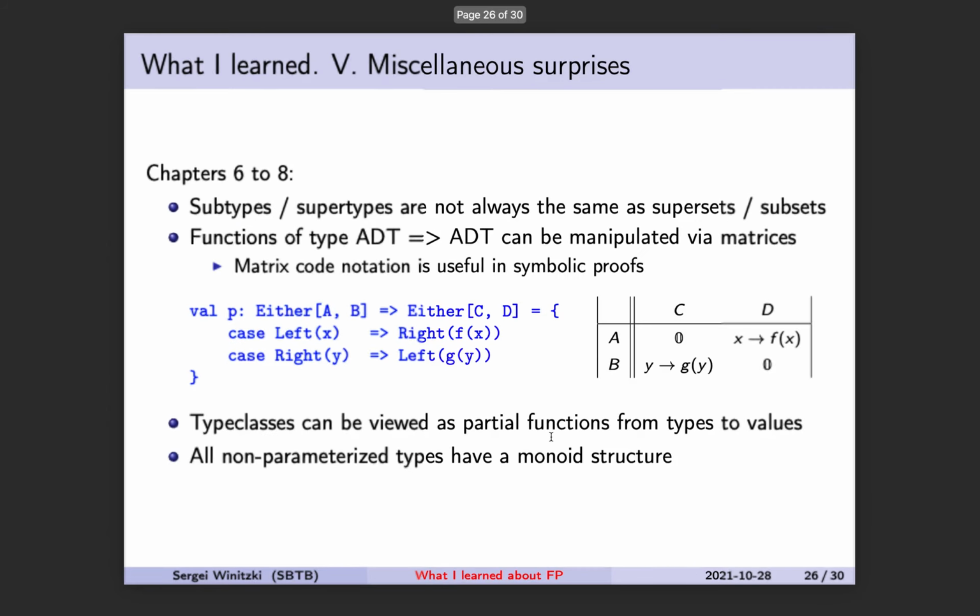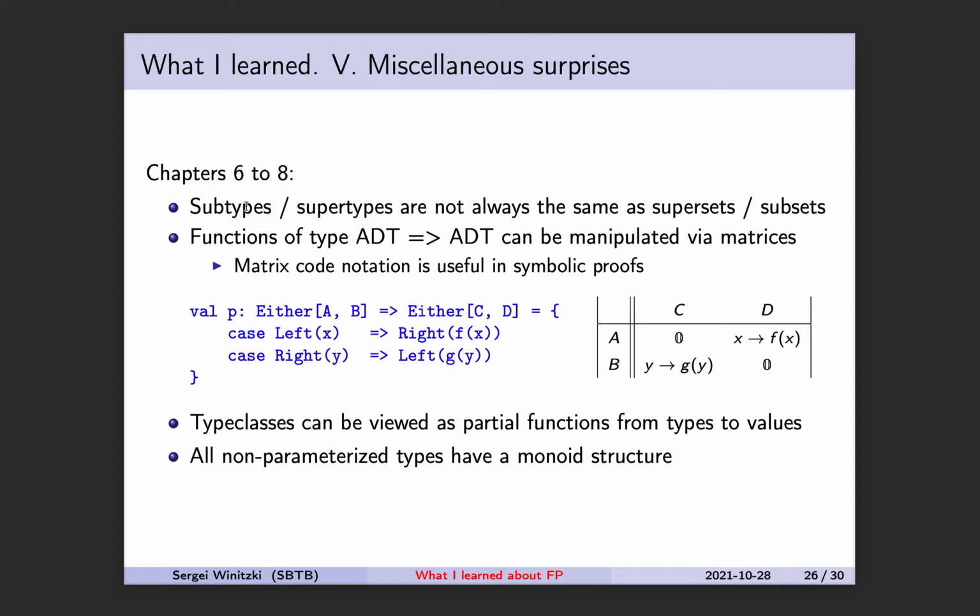From the chapters 6 to 8, they talk about functors and type classes. One of the surprising things I found is that subtypes and supertypes do not correspond to supersets or subsets.